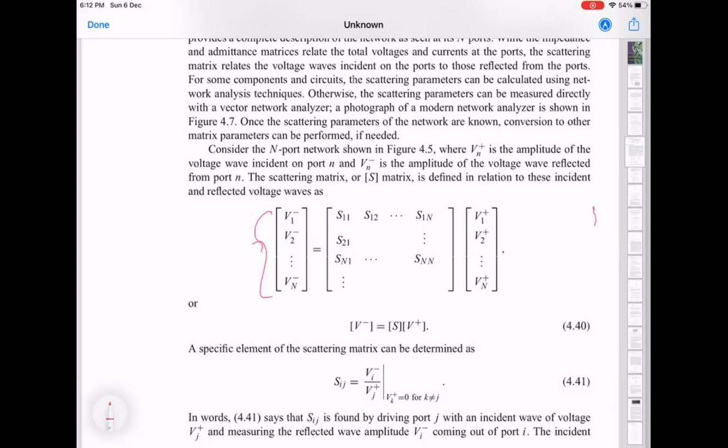So these are all the V1 minuses, and remember the convention I told you last time is that V minus is the one which is leaving the network.